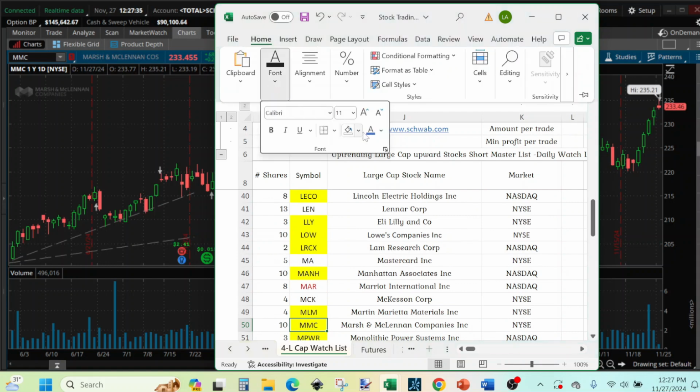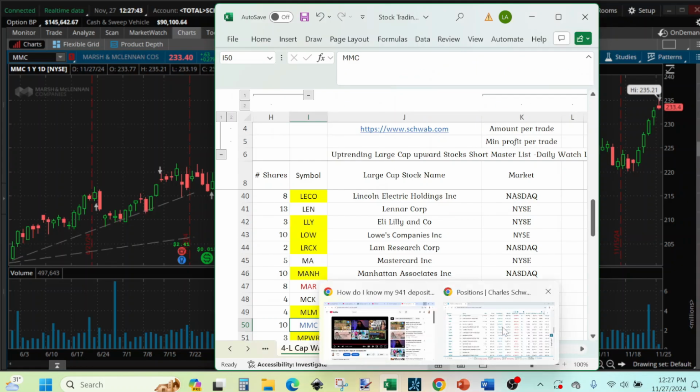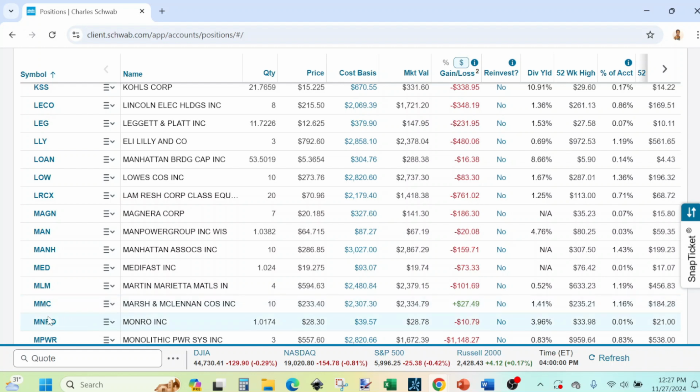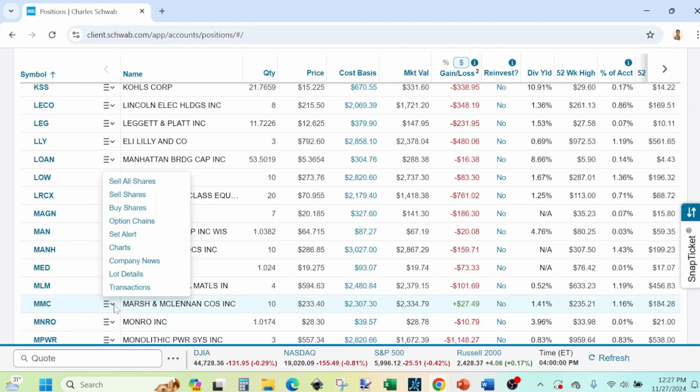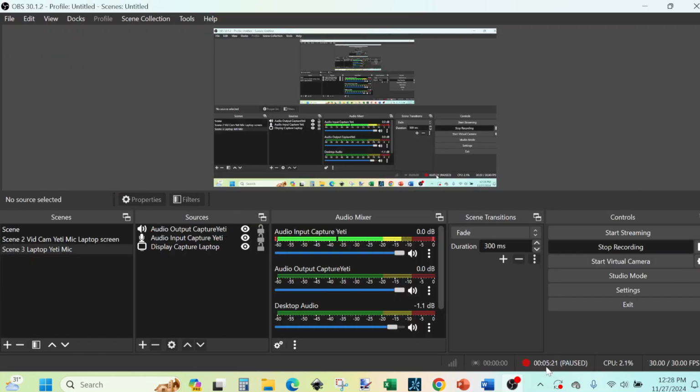But having 1, 2, 3, 4 consecutive green bar days, that means the price went up 4 consecutive days. Now we have a pullback, and we do have some profit there. It exceeded our $25 minimum profit per trade. We prefer to place the order to sell it.